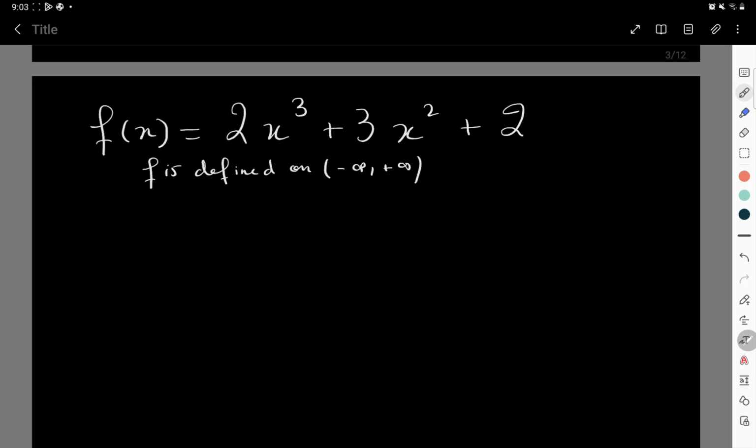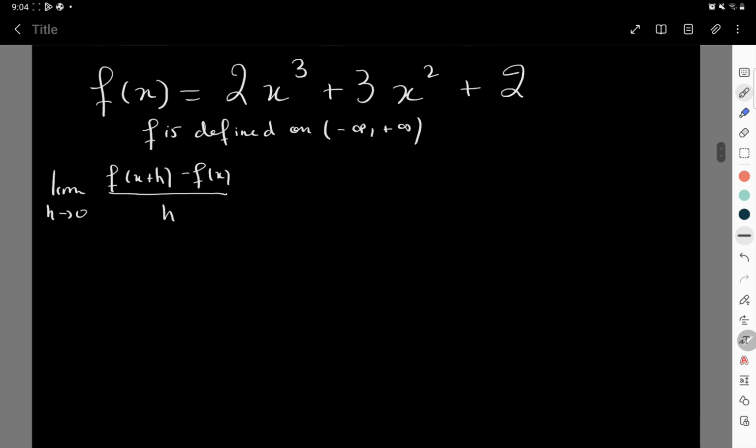Now, in order to find f prime of x, I mean, we know what the answer is, right? The derivative rules are a good way to check our answers. We'll have to look at the limit of f of x plus h minus f of x over h as h goes to 0.